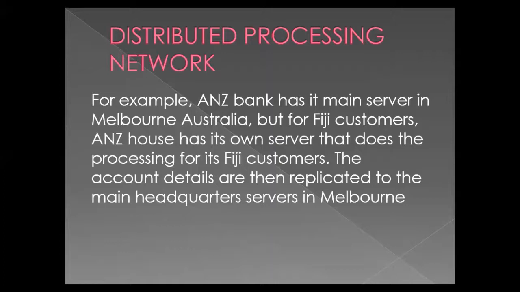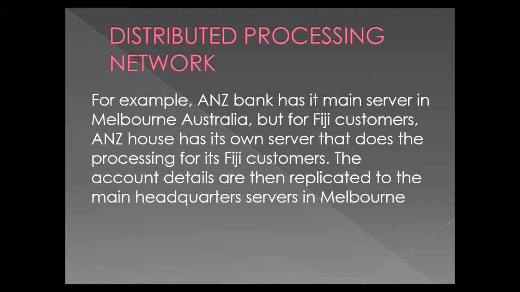Maybe there is a server in New Zealand, and the main server is also linked to that one. Then it says the account details are replicated to the main headquarters servers in Melbourne. Everything is done in Fiji, different branches in Pacific, Tavua, Rakiraki, and so on, and all the processing is done in the server in Suva.